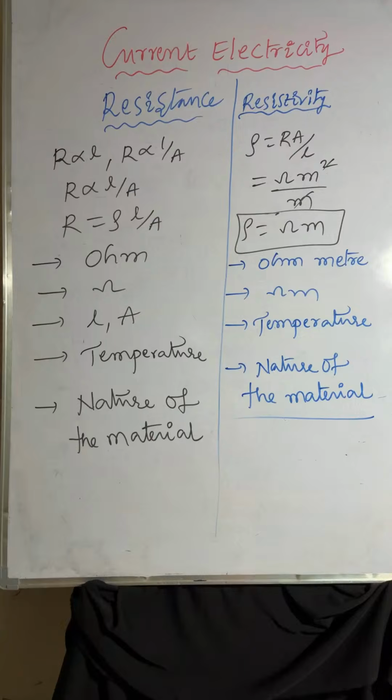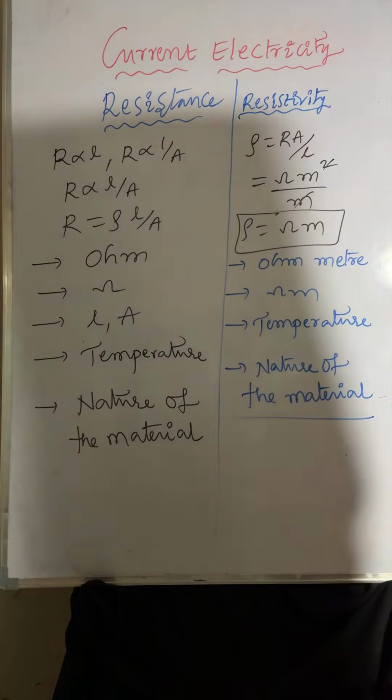Whereas the SI unit of resistivity is ohm meter, and resistivity depends on temperature and on the nature of the material. So this is about resistance and resistivity.